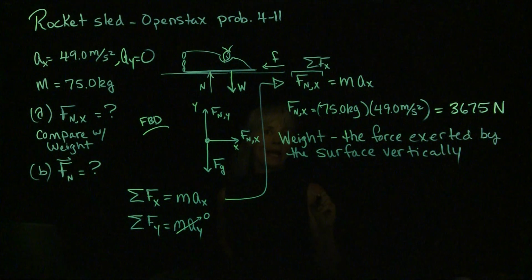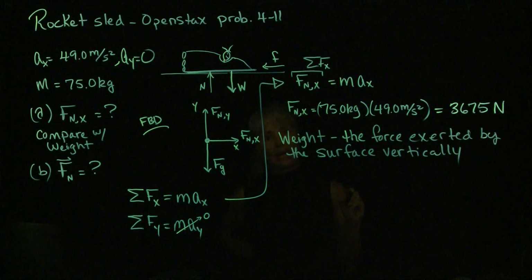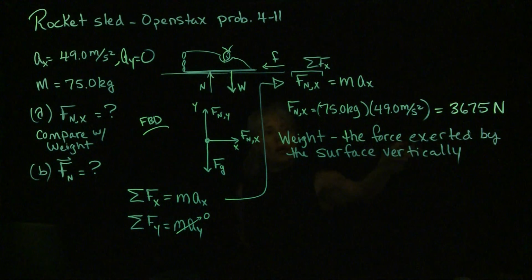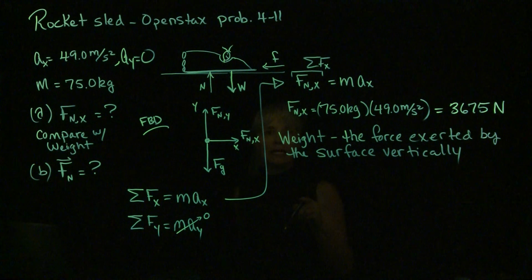So if I am at the top of a building standing there on the edge, then my weight is going to be equal to the force of gravity. In other words, I would have those same forces vertically on me. The building's surface would be pushing me up and the Earth's gravity pulling me down, and those forces are the same in magnitude. So I would know what my weight is. But once I step off of the building, it's no longer exerting a force on me vertically, and thus I am weightless.